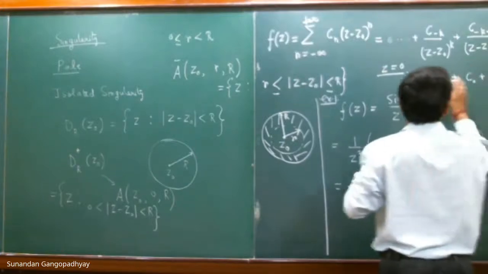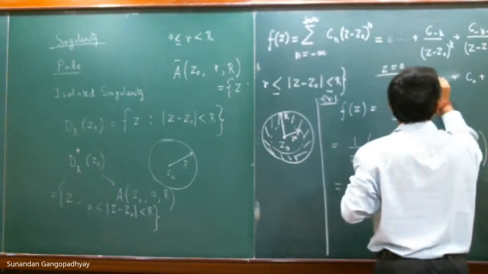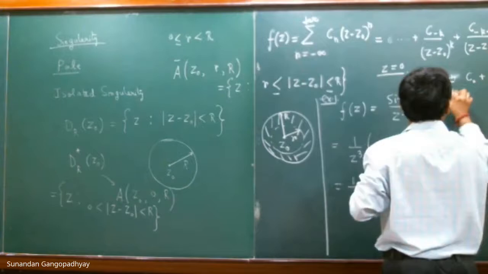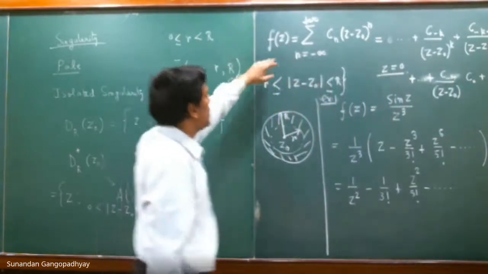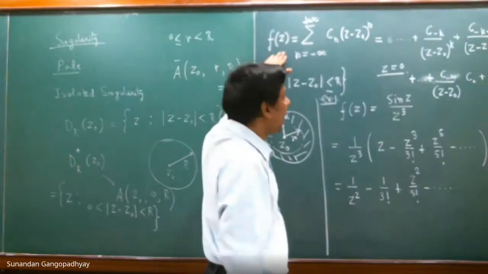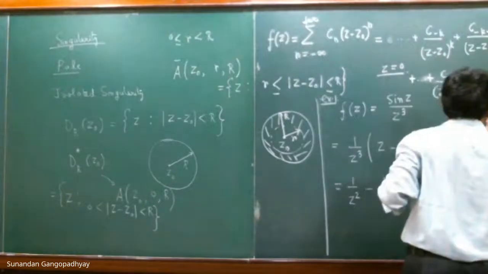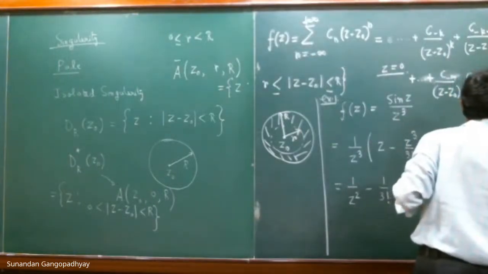And here you will have a term like this, plus dot dot dot plus C minus 1 by (z minus z0). And we said that this function of the complex variable is said to have a pole of order k if all the coefficients Cn vanish when n is less than minus k.